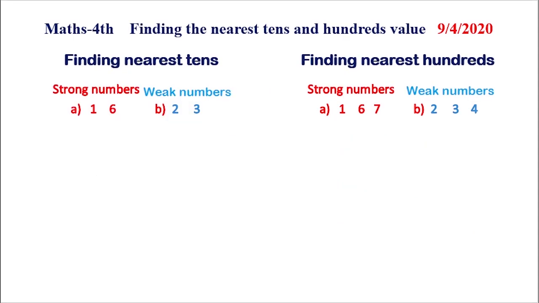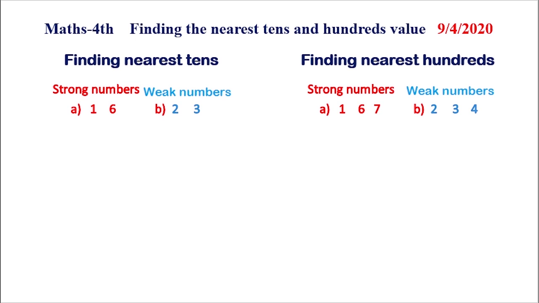Now along with our revision of finding the nearest tens, let's learn finding the nearest hundreds also. Let's take both of these examples for finding the nearest tens and also the nearest hundreds.